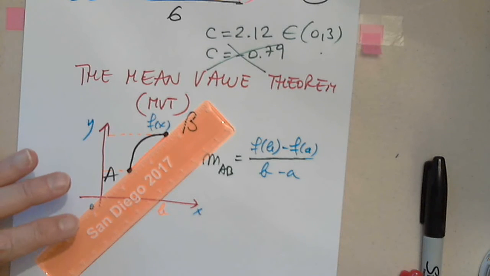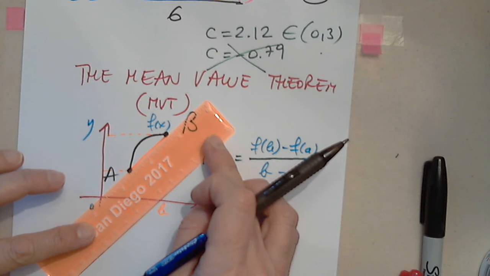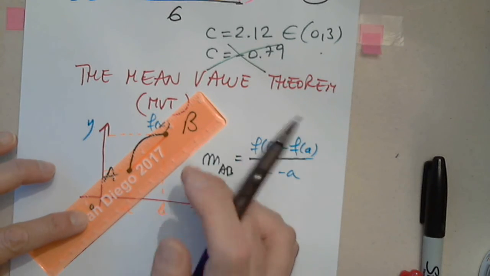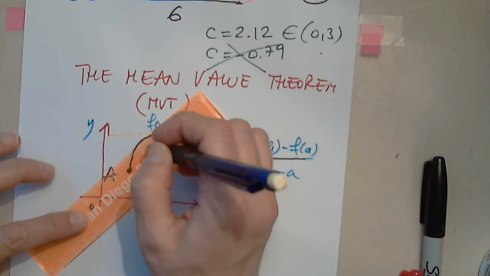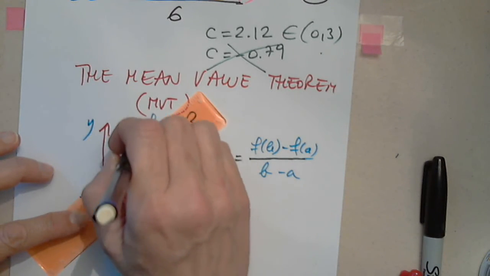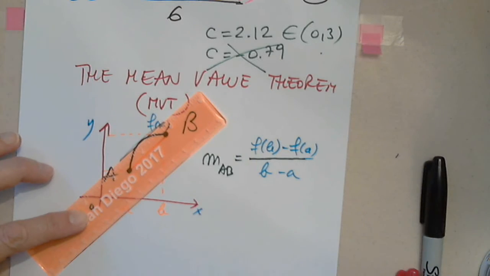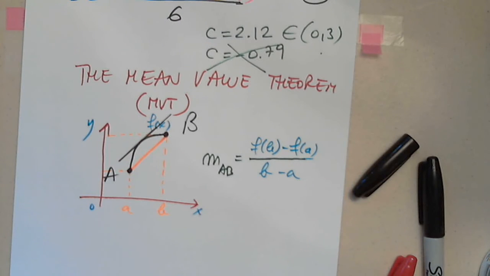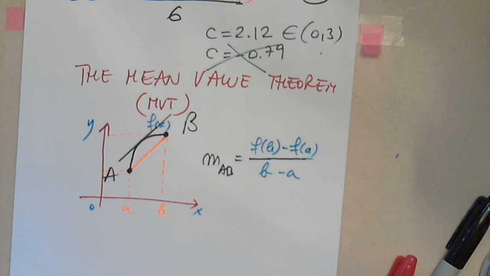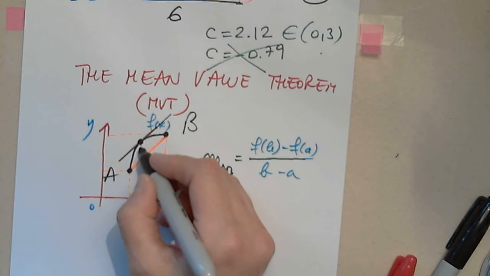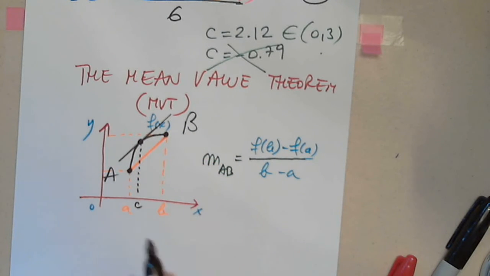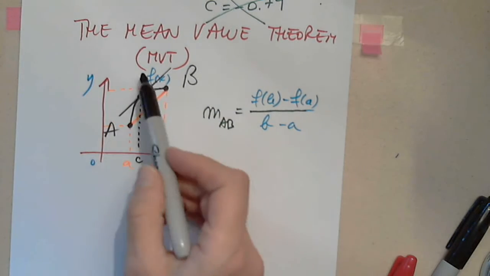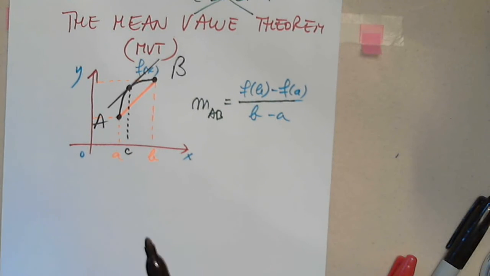I'm going to draw a parallel to line segment AB that is tangent to the graph. At a point, and let's say, of course, you already know, the mean value theorem has 2 hypotheses.